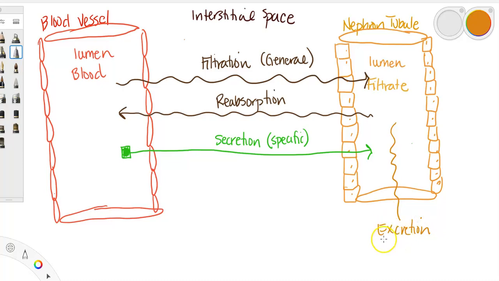So that's excretion. All right, so this is a really important thing to keep in mind as we're going through how the kidneys filter the blood. So keep this in your mind, keep this on a piece of paper, whatever, so you can remember how things are moving.